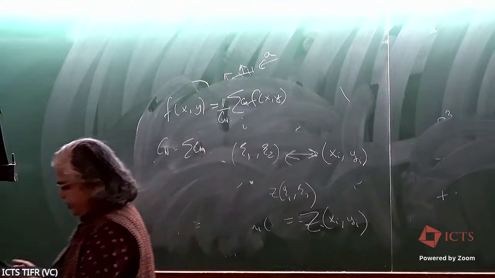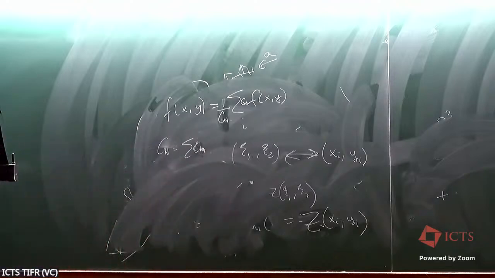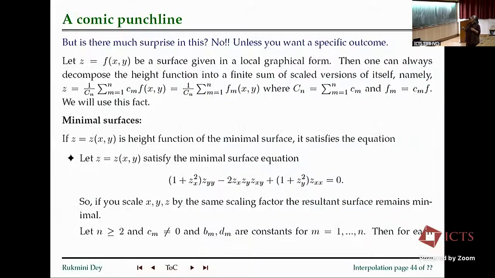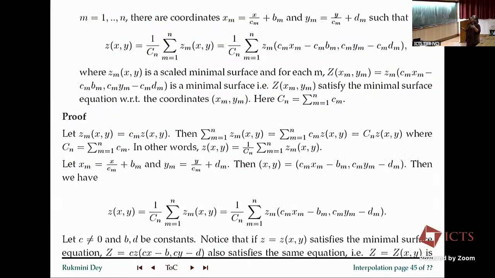So this I can always do, but this kind of thing applies in crystallography a lot, because that's what you want to do. Scaled minimal surfaces is what you want to do, and they could be looking like itself, cell similar. So z of xy is 1 over Cm, Zm Cm, translated.